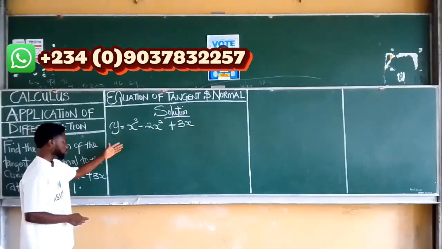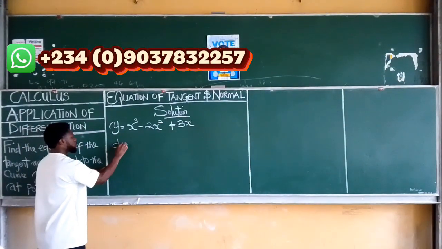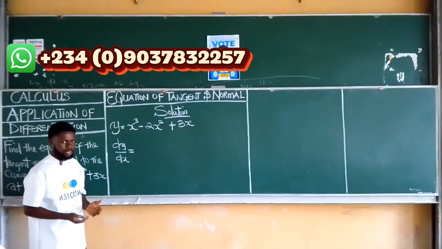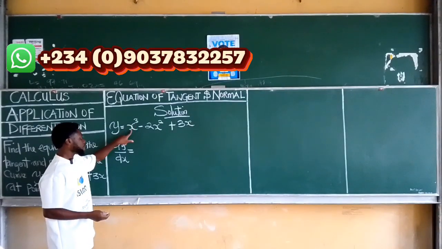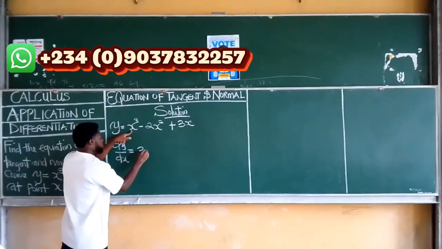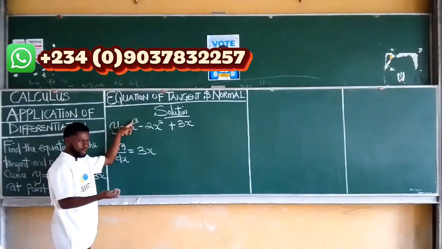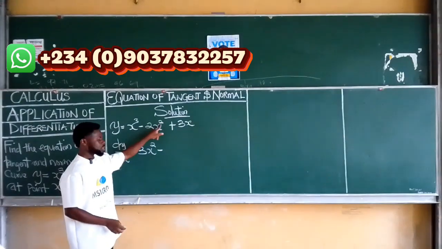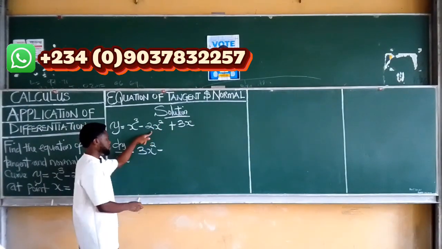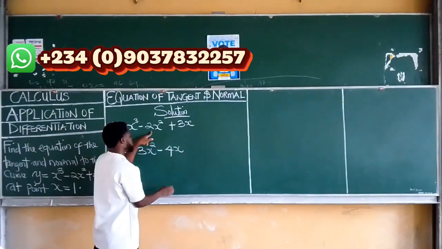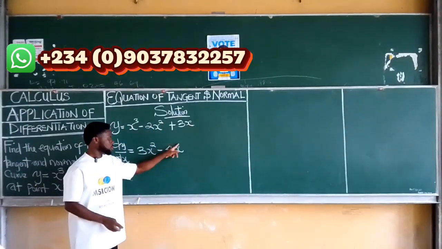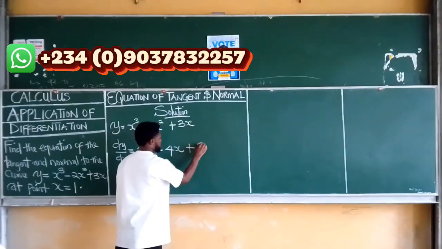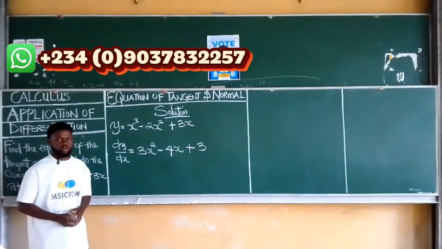If I differentiate this function, then my dy over dx will equal, the concept is to multiply this power by this term, that will be 3x, then subtract 1 from the power, it becomes 2. Minus, over here, multiply this 2 by this term, it becomes 4x, then subtract 1 from 2, it becomes 1. Plus, if you differentiate 3x, it gives 3. And that is dy over dx.